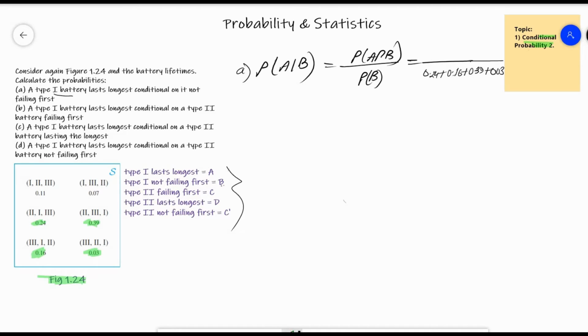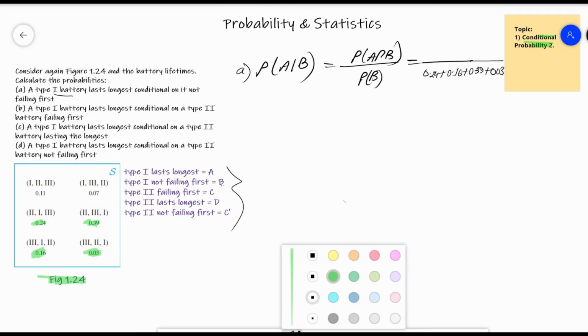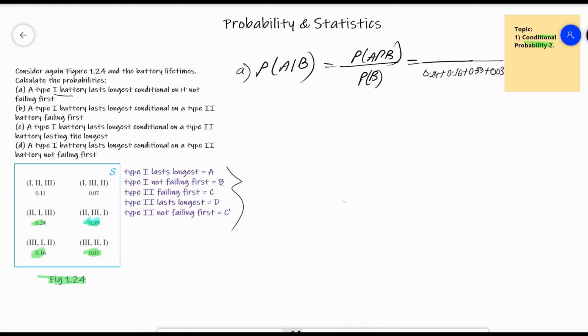So let me change the color. For that condition we have this one and this one, where type 1 lasts longest given type 1 not failing first.